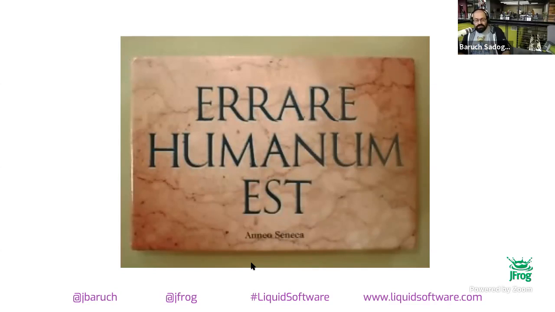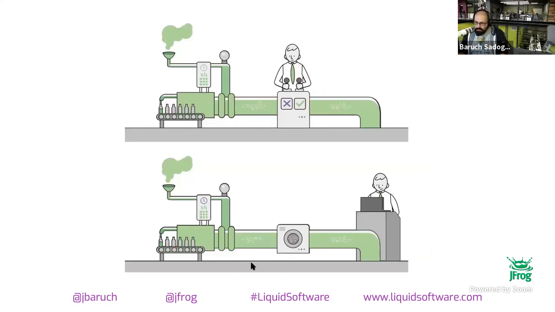Humans make mistakes, humans allow bugs, humans don't test enough, humans don't test well enough, humans are not good at assuring quality that provides a blind trust. And the way to solve it is to take humans away from this process.